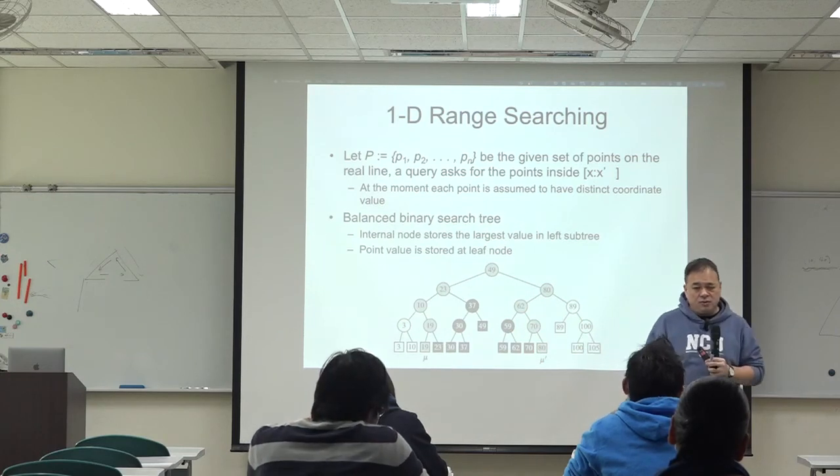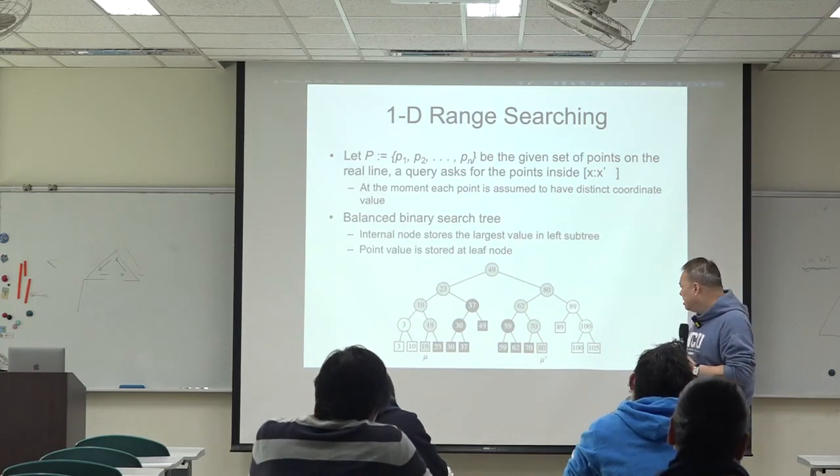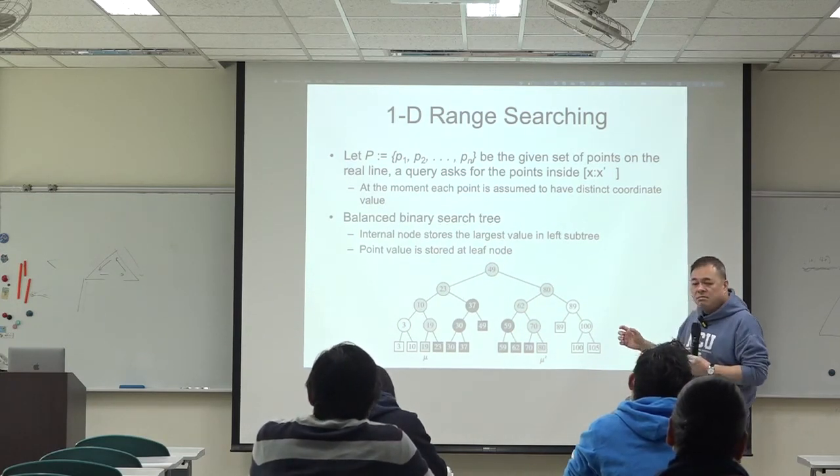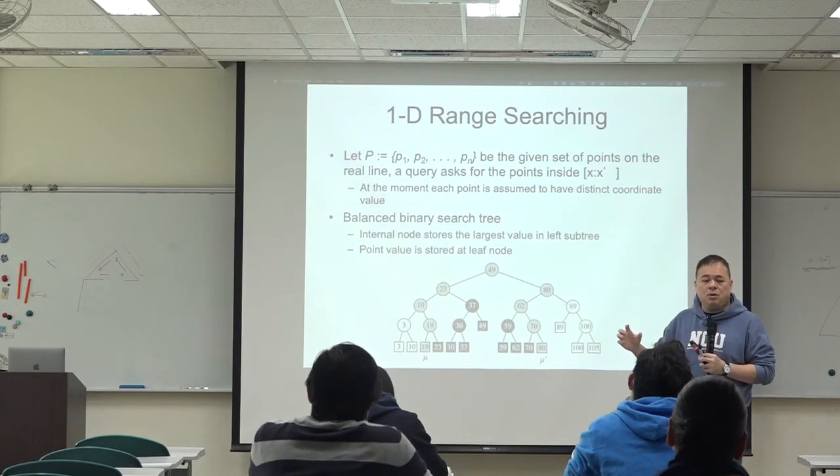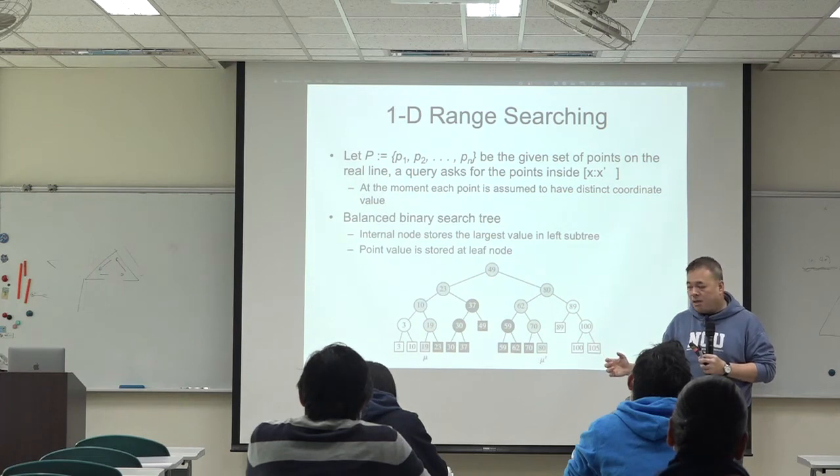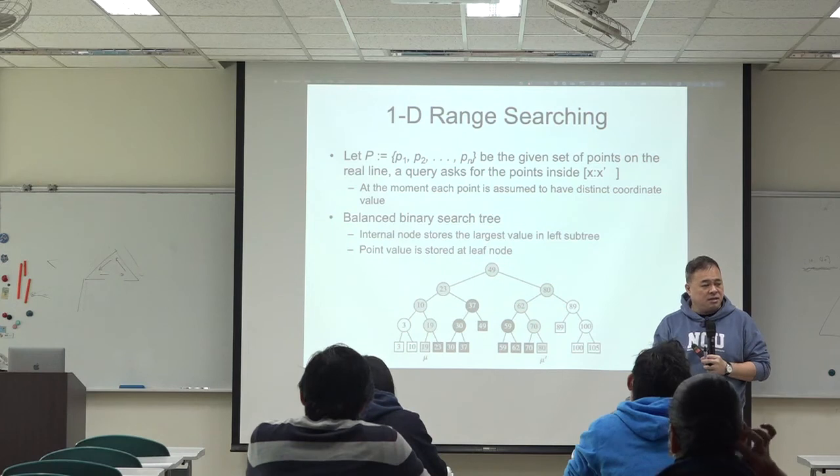The dark node means the node you don't have to do any comparison with; you can report that directly. And the white node means you can just skip that. You have no way to touch that.